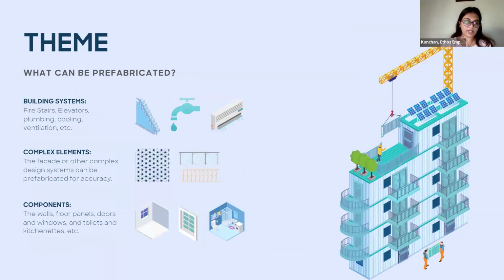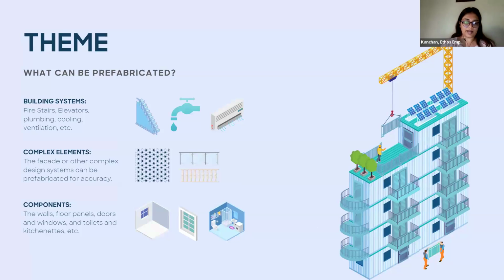What can be prefabricated is actually a long list of elements. Fire stairs, elevators, plumbing, cooling, ventilation systems, these can all be prefabricated. Complex elements which might be difficult to achieve using manual labor or other methods can also be prefabricated for their accuracy.